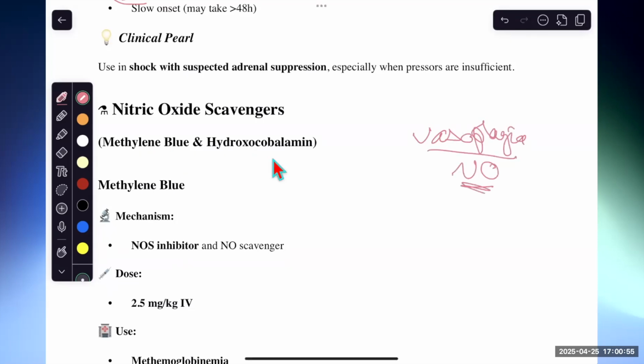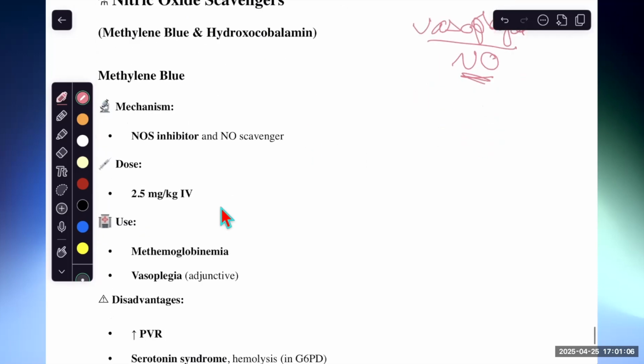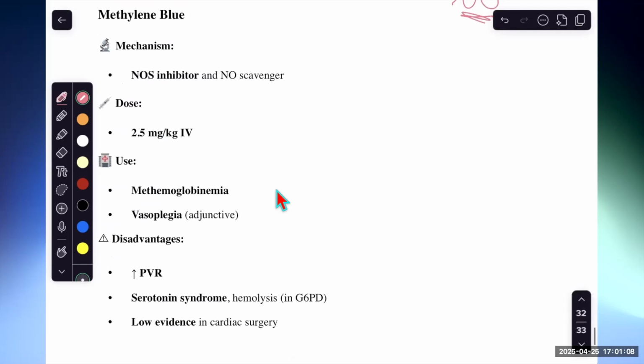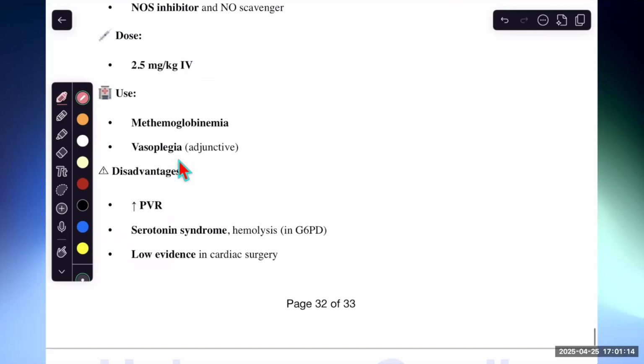So drugs like methylene blue and hydroxocobalamin, this is vitamin B12 by the way, can scavenge nitric oxide and improve the outcome. We have used methylene blue a lot. It's 2.5 milligram per kg IV, and you will find that the urine color will change for this patient.